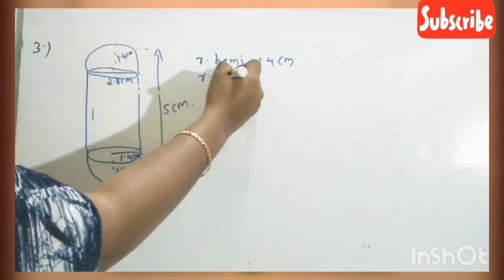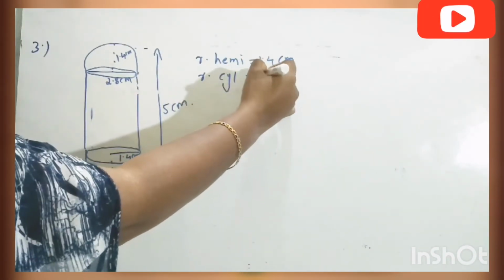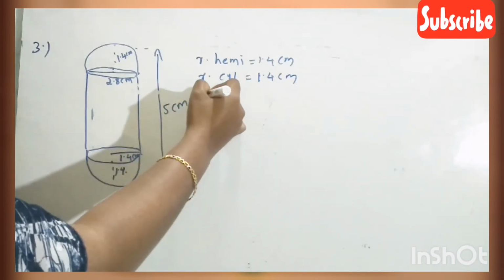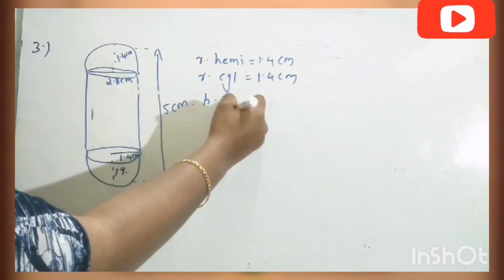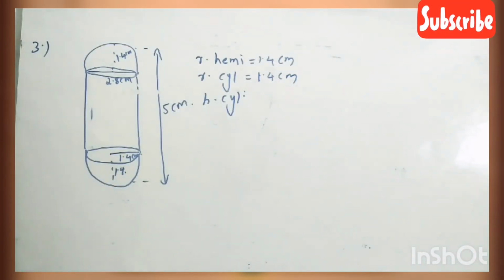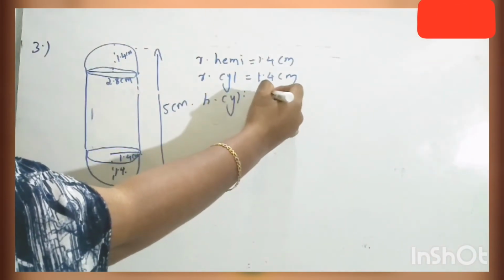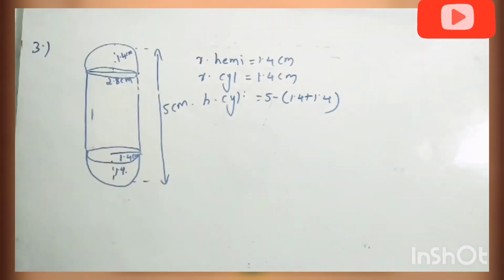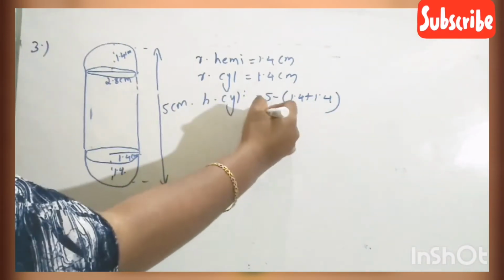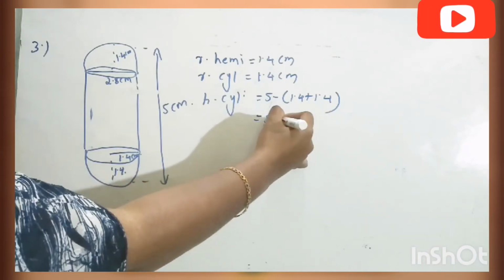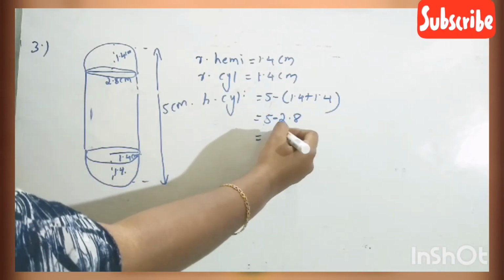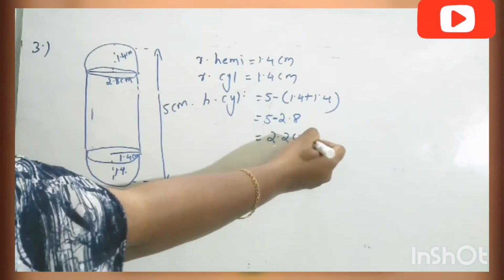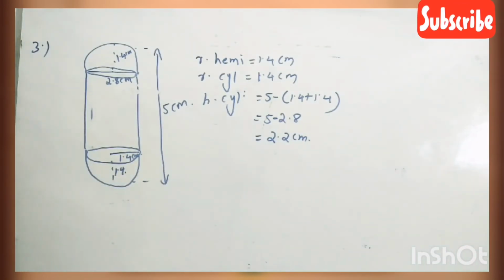So the height of the cylindrical portion is 5 minus 1.4 plus 1.4, that is 5 minus 2.8, which is equal to 2.2 centimeter.